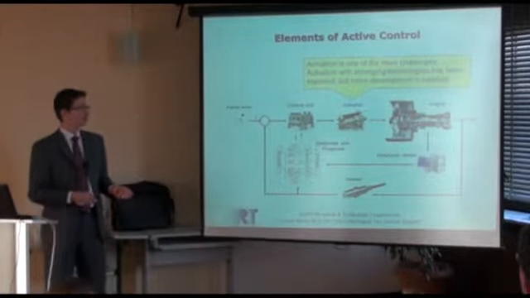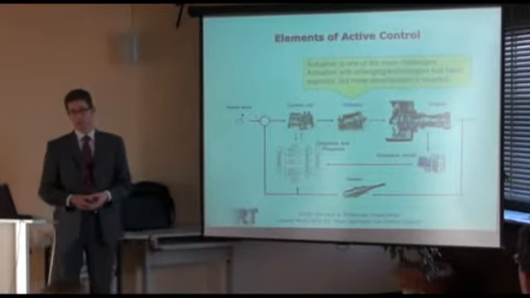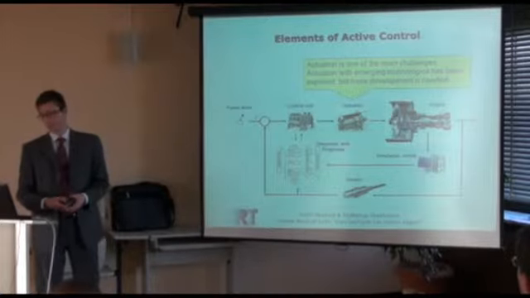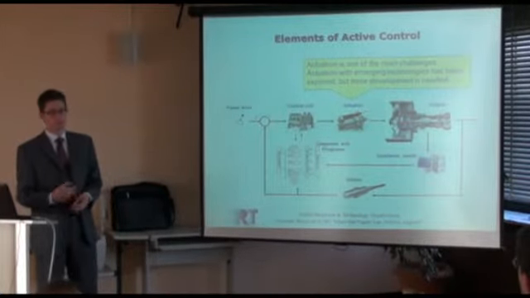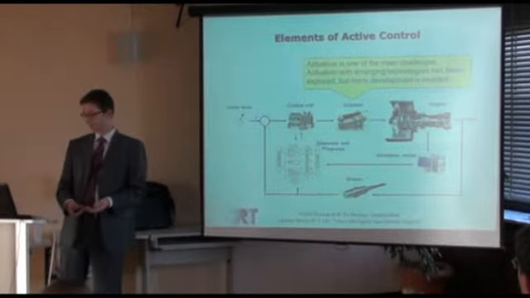Another important issue is that there's a lot of technology development going on. A lot of things have been explored, but there's still more to be done. More development is needed to drive the product to the next TRL level.